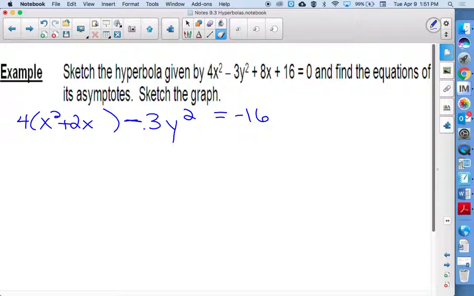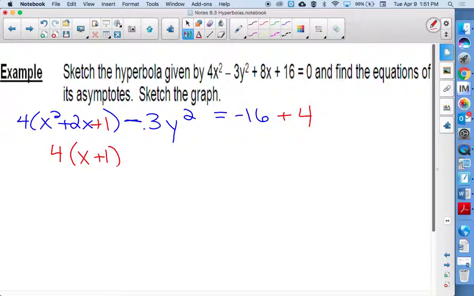So Nick, what number do we put in to complete the square? A 1, but on the other side, a 4. And then we factor that perfect square trinomial, combine the left, and we get a negative 12. What do you need to do for it to be in standard form? Chelsea?